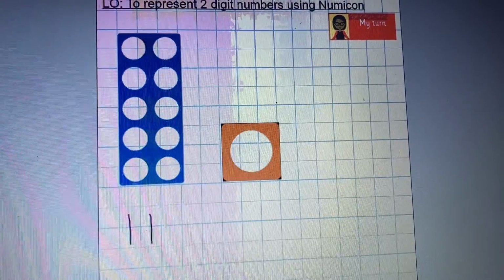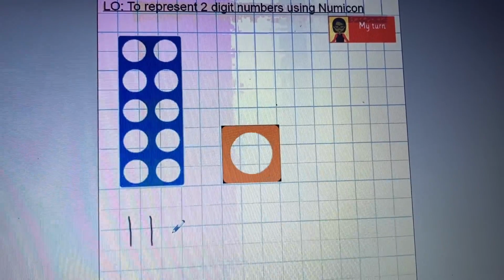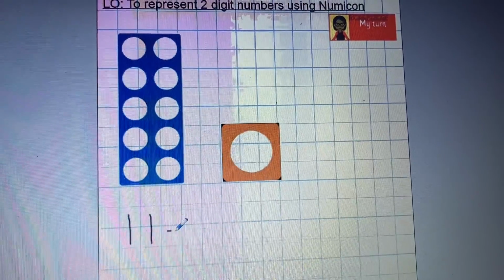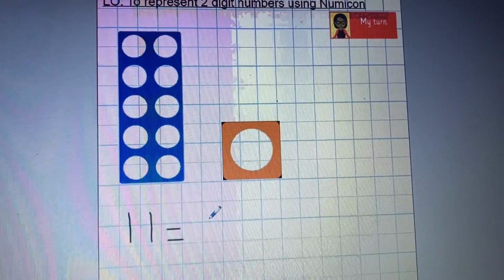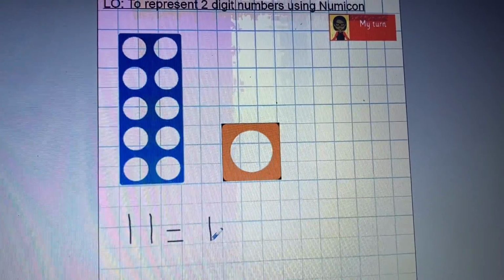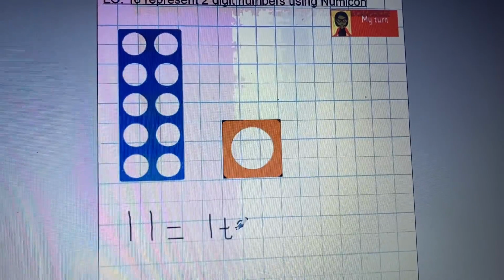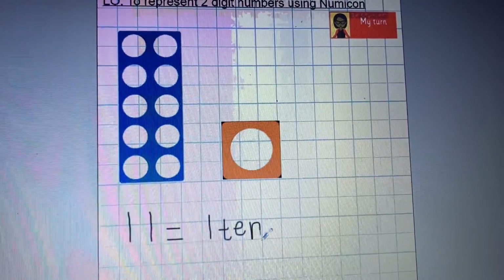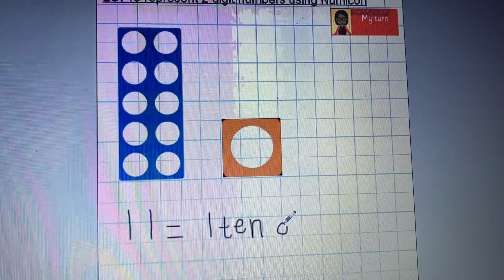Because if we look back, I still need to do the equation. 11, what was my symbol here? Thank you. 11 equals 1 ten, like we've just talked about, 1 ten and how many ones?